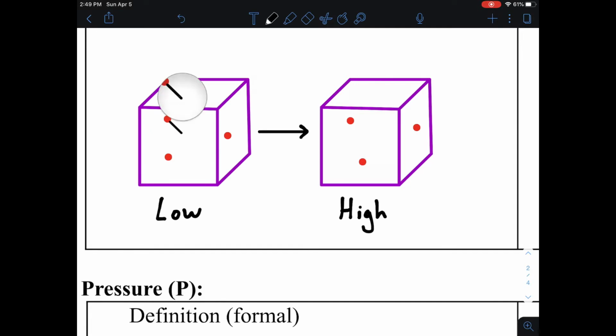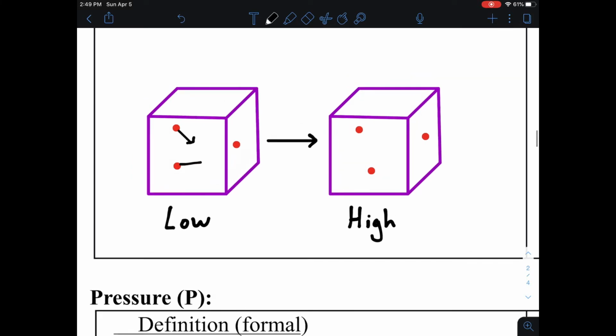Let's add some arrows to represent their speed. On the right-hand side, since it's a higher temperature, the gases are moving faster. So I'm going to use longer arrows to represent that.